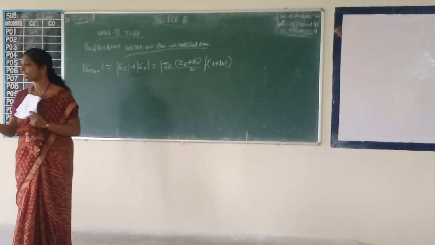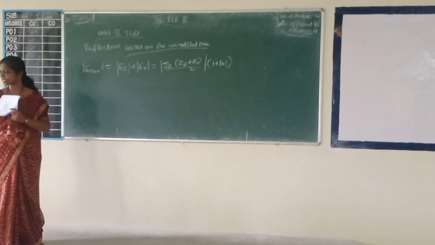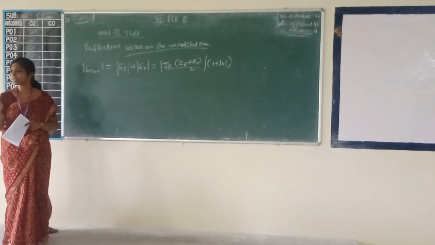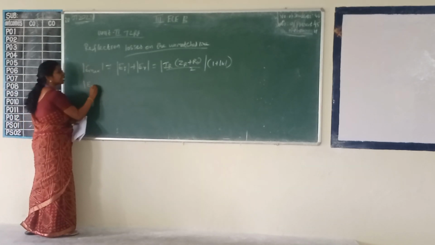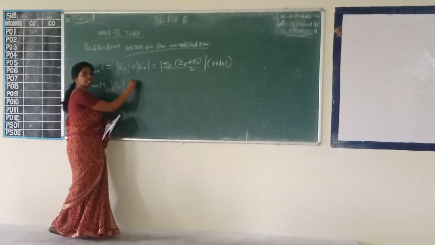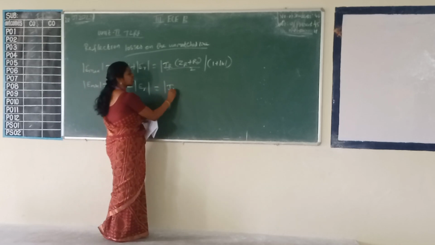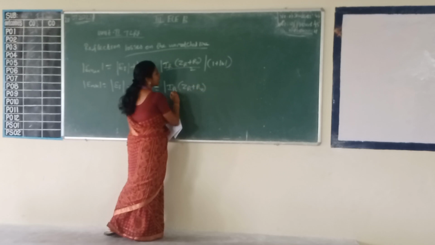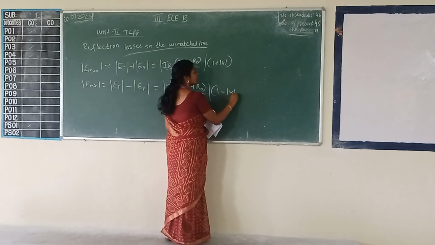Both represent the characteristic impedance. So the change in the minimum is only the value. You write E minimum is equal to modulus of EI minus modulus of ER, equal to modulus of IR, Z naught plus R naught by 2, 1 minus modulus of K.